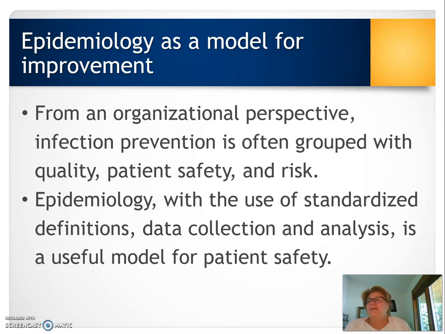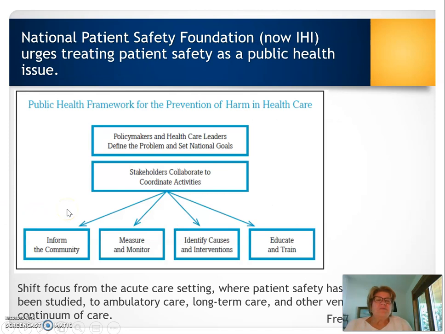The National Patient Safety Foundation, which is now IHI, urged that we treat patient safety as a public health issue. And I think that is an extremely useful model. And basically, one of the things that's suggested is we shift the focus from an acute care setting, where patient safety has traditionally been studied, to ambulatory care, long-term care, and other venues across the continuum of care, including the community.